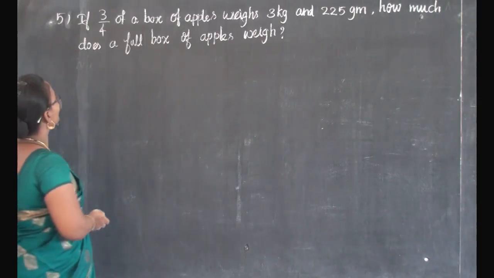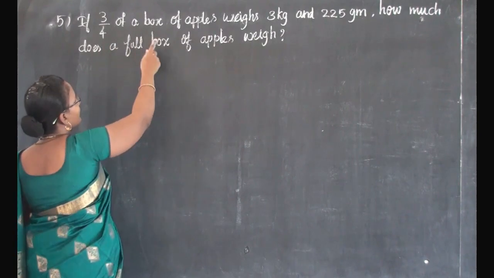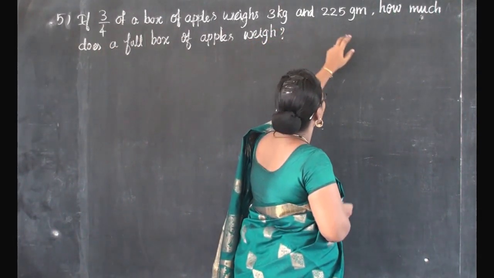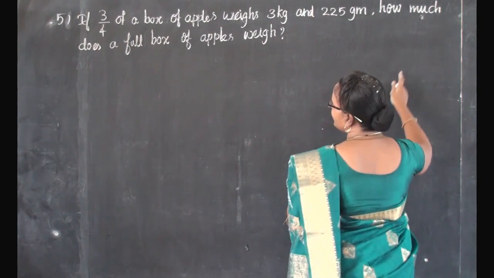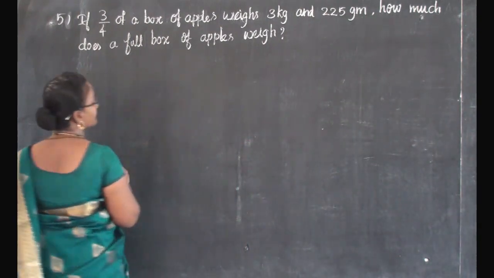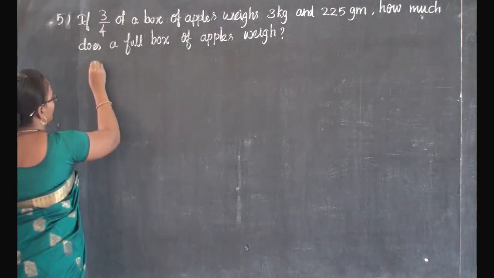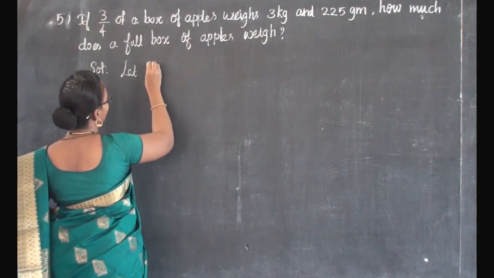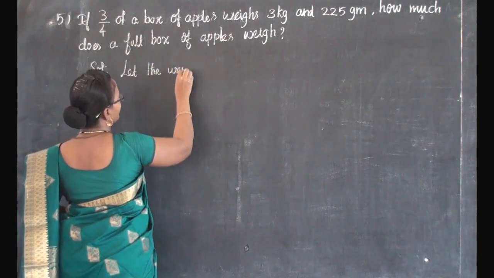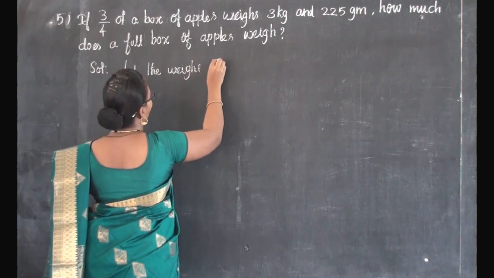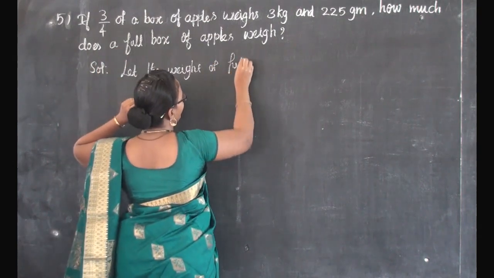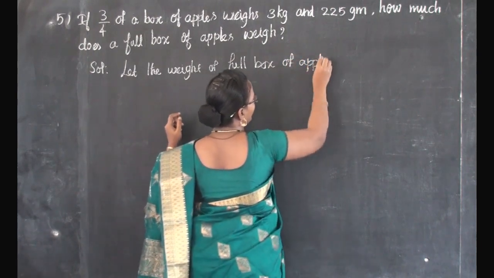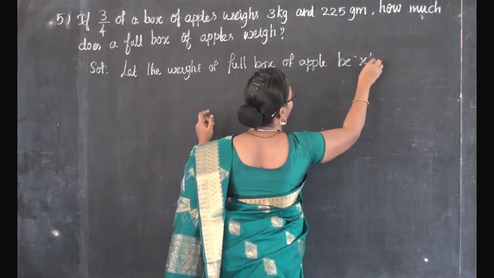Now the fifth one. If 3 by 4 of the box of apples weighs 3 kg and 225 grams, how much does a full box of apples weigh? So first, let the weight of the full box of apples be x.